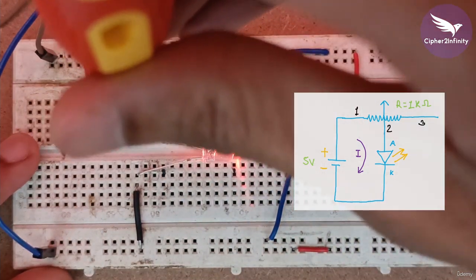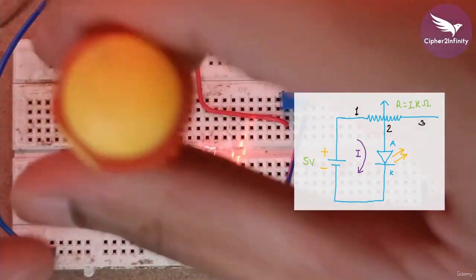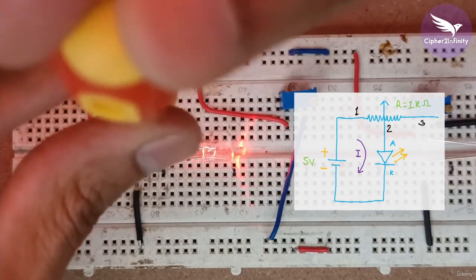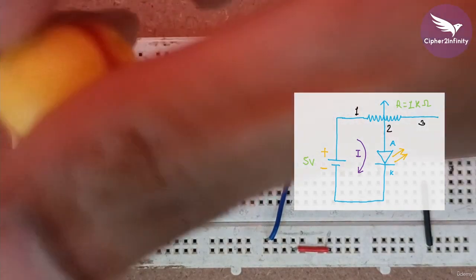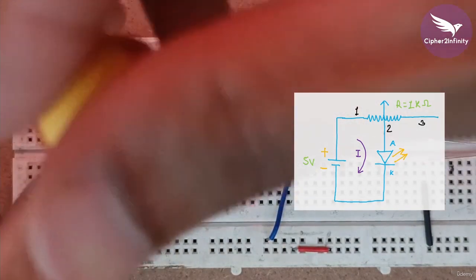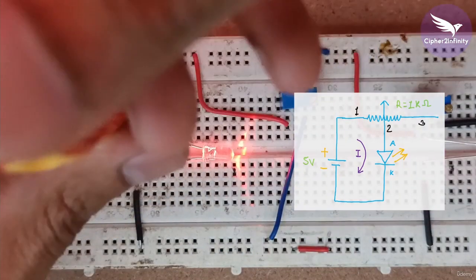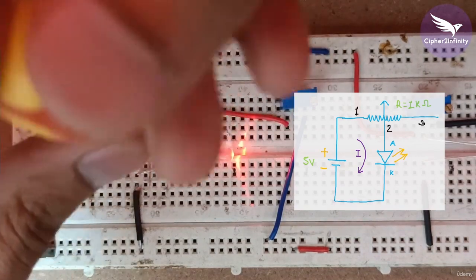Let me rotate this potentiometer, this preset, and slowly you will see that the intensity of this LED will increase. Slowly you can see the intensity of this LED is increasing.